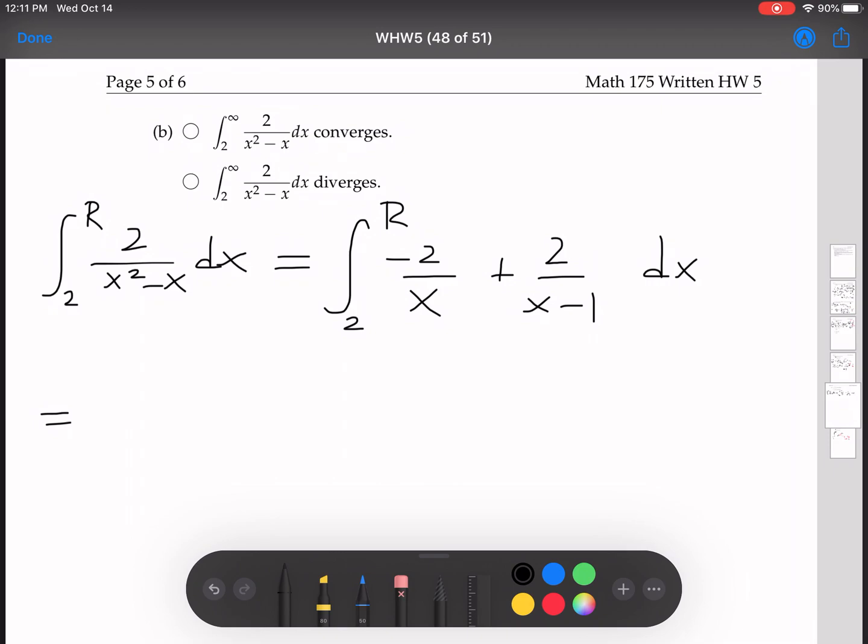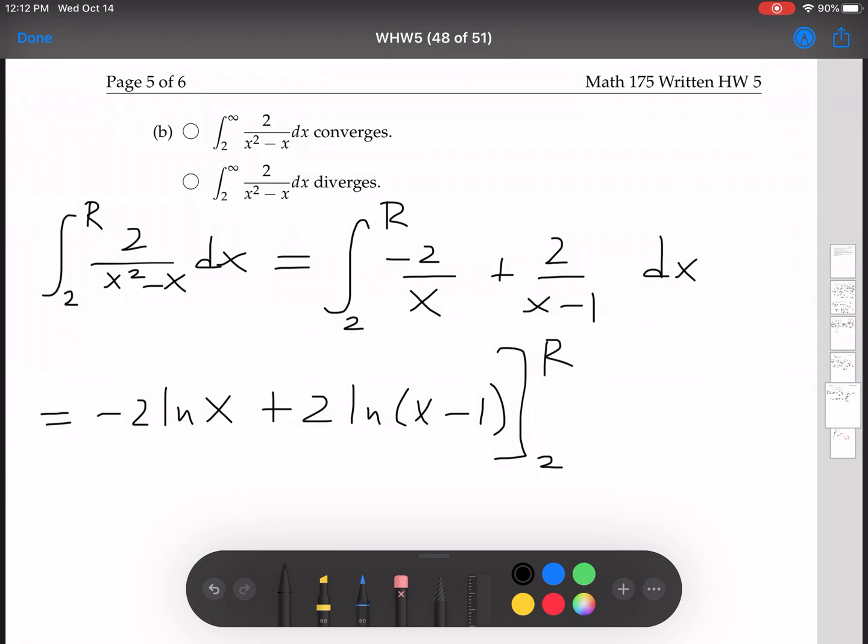All right, so now taking the antiderivative, we've got negative 2 ln x plus 2 ln of x minus 1. We're going to evaluate that from 2 to r.